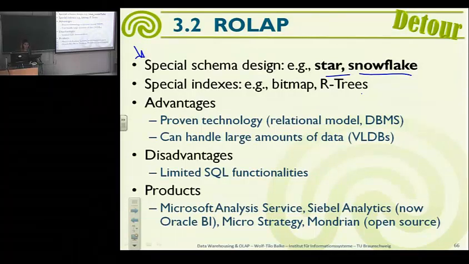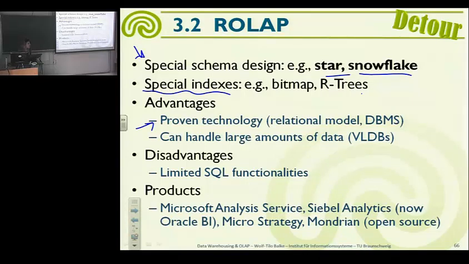You have to compute them. To reach that same level of performance, you have to employ some special indices like bitmap or R-tree. So using indices is very critical to boost up the performance of a ROLAP model.